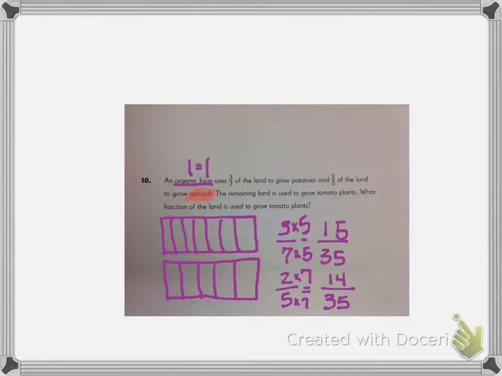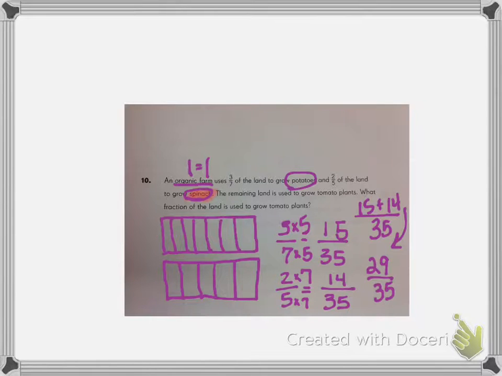So if I take 15 plus 14 all over a denominator of 35, I'm going to get 29/35ths. But that is for the potatoes and for the spinach.